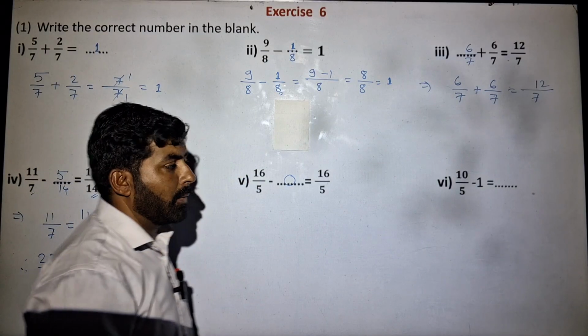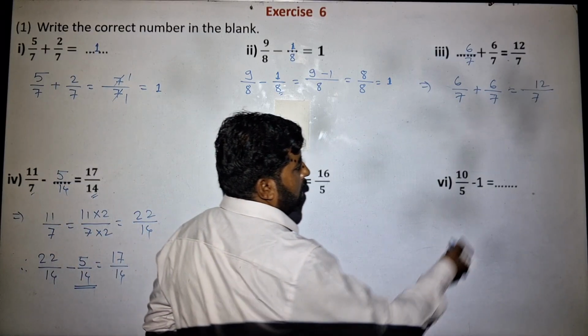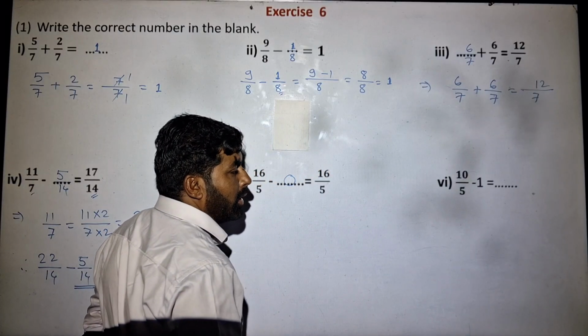11/5 minus 1. How can this be solved, sir? Here there is no denominator.